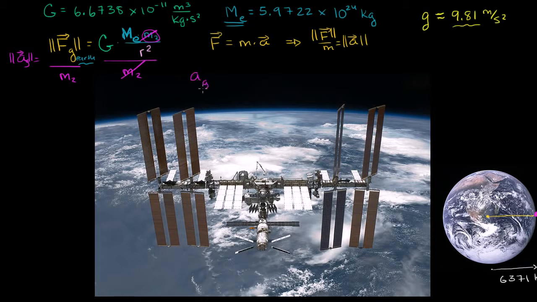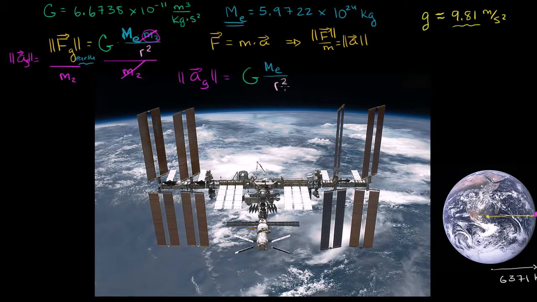So the magnitude of our acceleration due to gravity using Newton's universal law of gravitation is just this expression: the gravitational constant times the mass of the Earth, divided by the distance between the object's center of mass and the center of mass of the Earth. We're going to assume that the object's center of mass is right at the surface, so this is actually going to be the radius of the Earth squared.